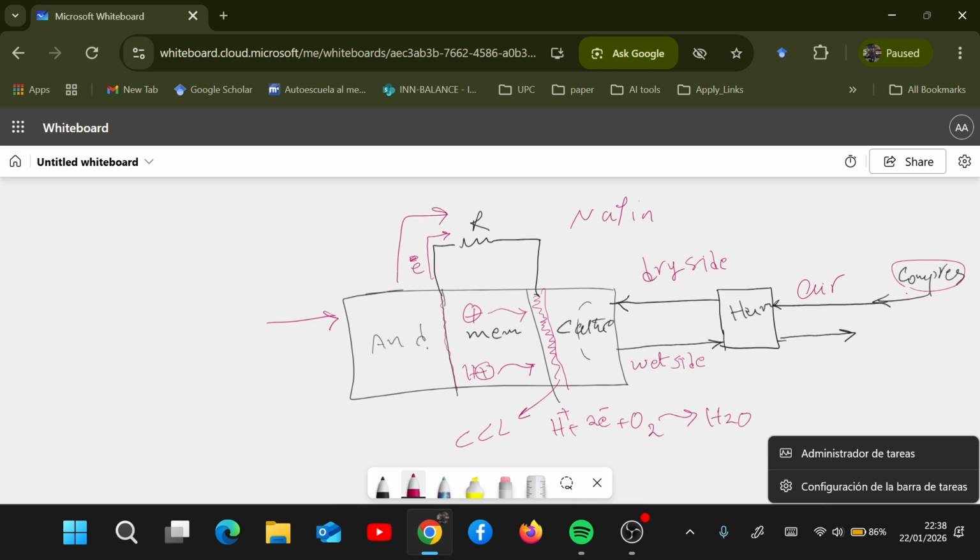So when the air comes into the stack with enough moisture, we finally have enough water content in the stack. This water content has some effects on the stack, so we will list all these effects. If the air entering the stack has enough water content, it prevents membrane dehydration.